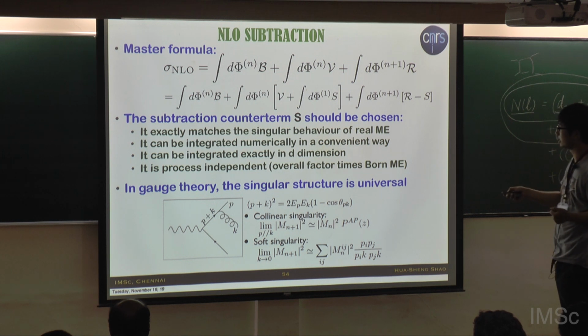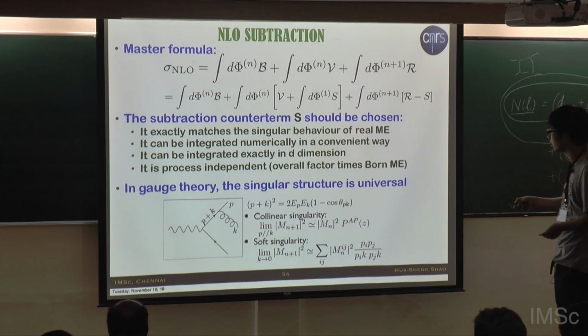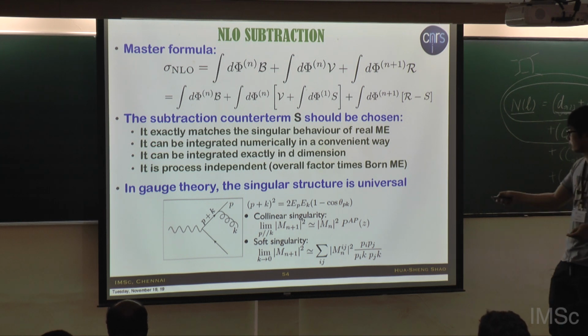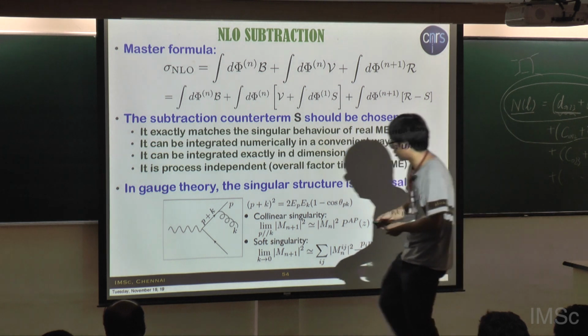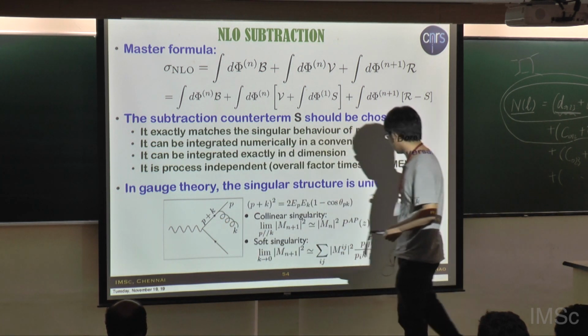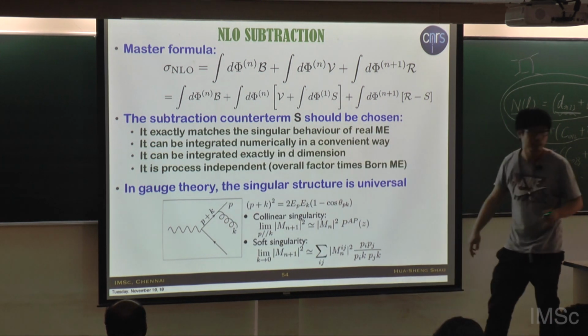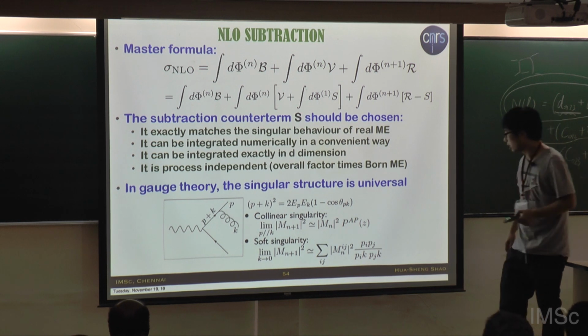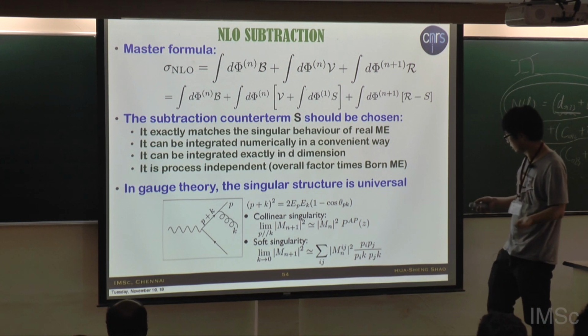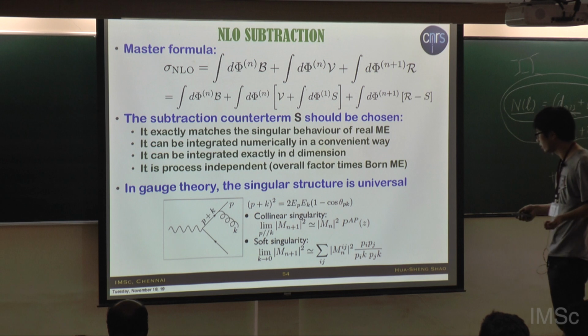The reason this is doable is that all the singular structures are universal in gauge theory and QCD. For example, if you look at these diagrams, if you take the collinear limit, it just goes to the Born matrix element squared times a universal splitting function, which was introduced in the parton shower lectures yesterday by Liv.